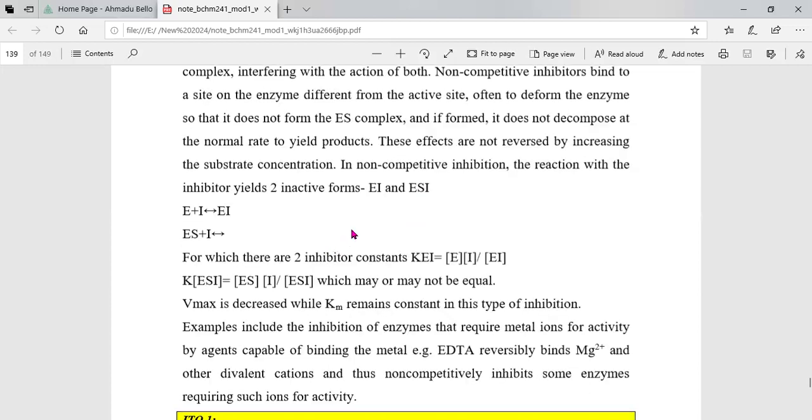In non-competitive inhibition, the reaction with the inhibitor yields two inactive forms: the enzyme inhibitor complex and the enzyme substrate inhibitor complex. The KEI, the Ki for the enzyme inhibitor complex, is given by the product of the enzyme concentration and the inhibitor concentration over the enzyme inhibitor complex.